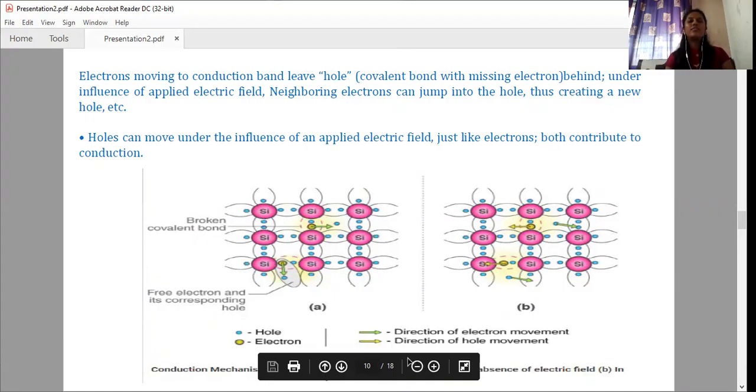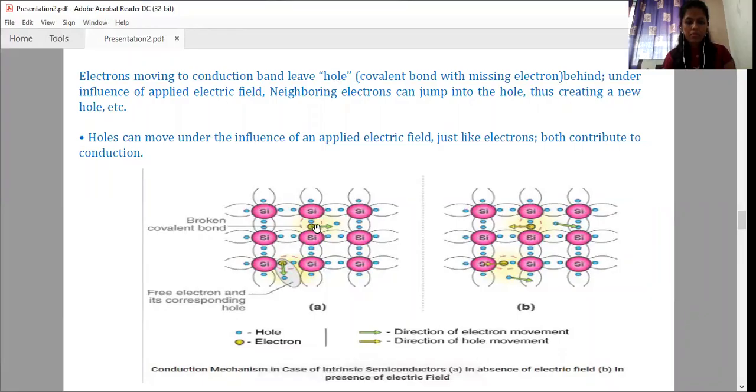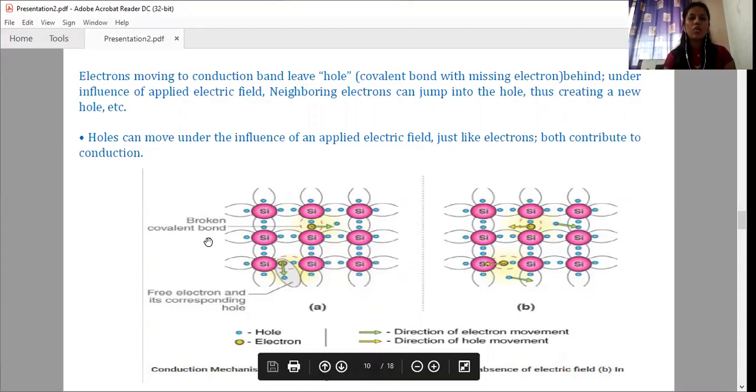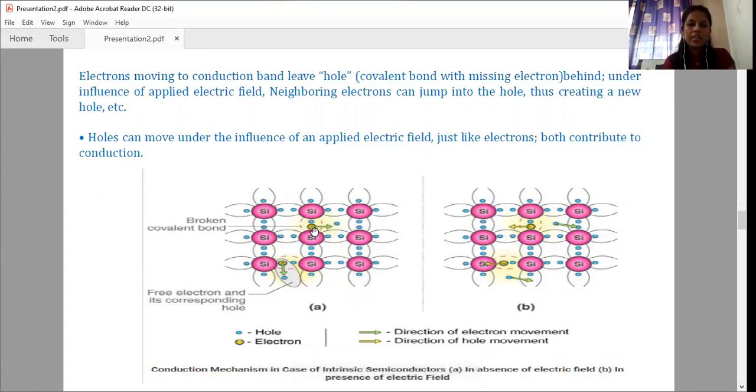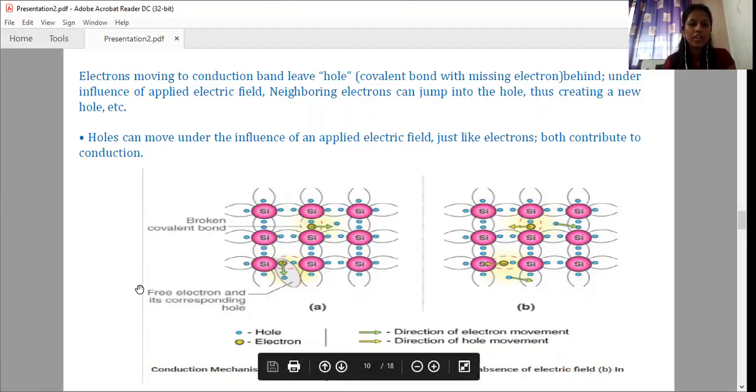When we apply some external heat to this semiconductor material, these covalent bonds break and an electron moves away. Here we see the broken covalent bonds and one electron moved, and some holes and free electrons arise, with a corresponding hole.